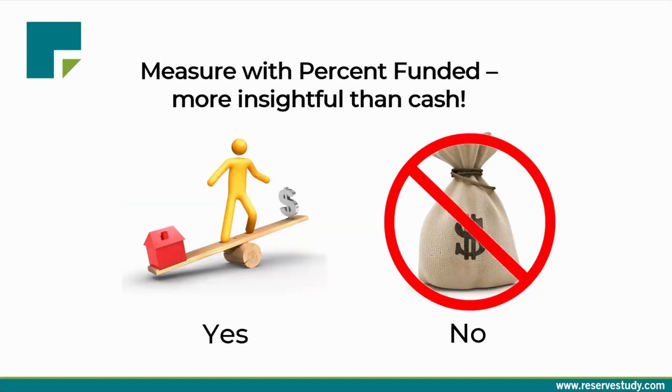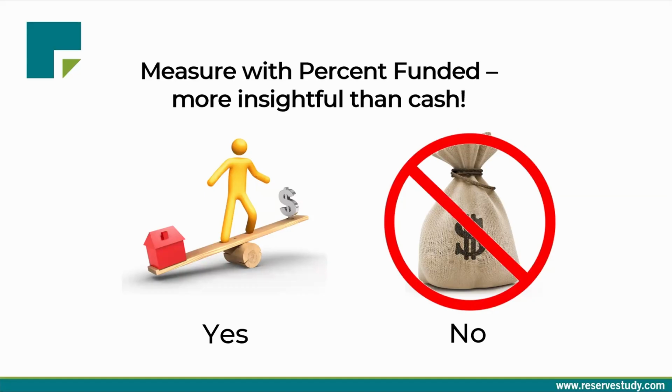The major point from that webinar is to measure reserve fund size by percent funded, not specifically cash balance. Champlain Tower South had about $700,000 in reserves, which sounds like a lot of money, until you understand that they had almost $10 million of deferred projects that needed to be done. They were only 7% funded.